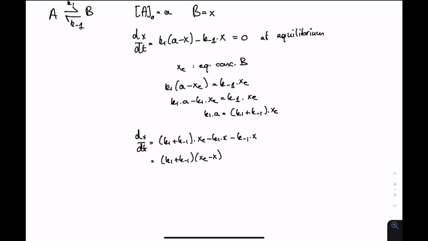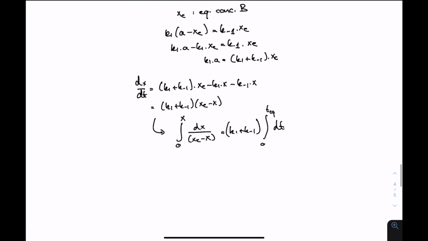So let's integrate that from 0 to x: dx over (xe minus x) is (K1 plus K minus 1) integrated from 0 to t of dt.